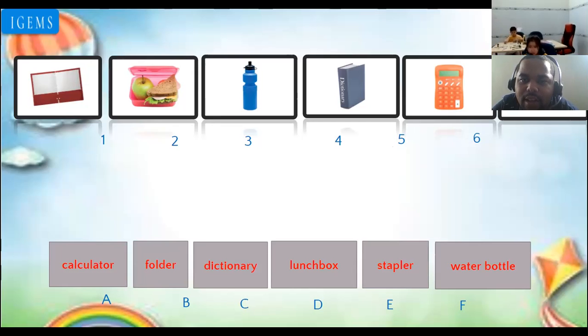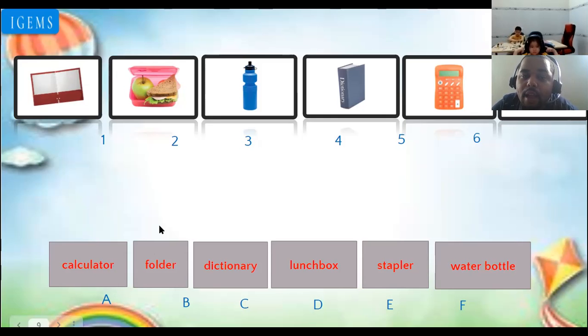Let me show you again. Here we have some words. We have calculator, folder, dictionary, lunchbox, the same words we mentioned, a stapler, water bottle. So we have water bottle again.